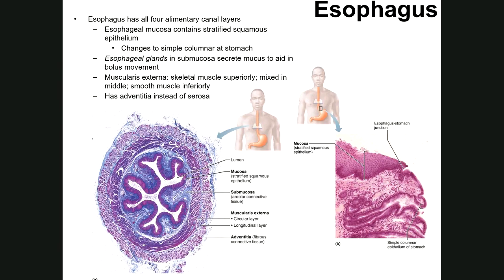Is there some histology over here? The esophagus is made of the mucosa, the submucosa, the muscularis, and the adventitia. It doesn't have serosa; it has a fibrous connective tissue adventitia.